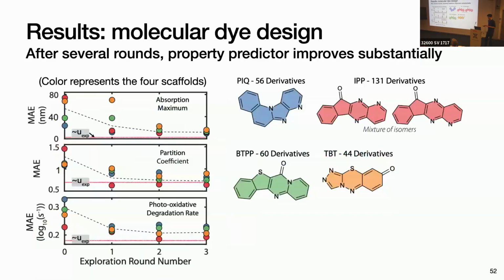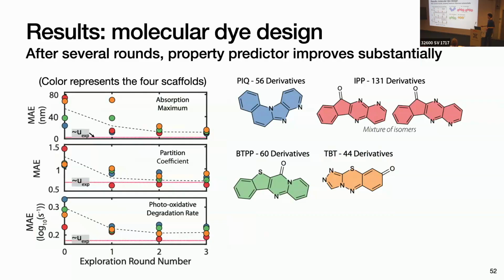So basically, we used this uncertainty estimation and the synthesizability estimation, and we use that to do multiple rounds of designs, right? In the case of molecular dyes, we started from 4 different scaffolds and tried to build molecules within each family.